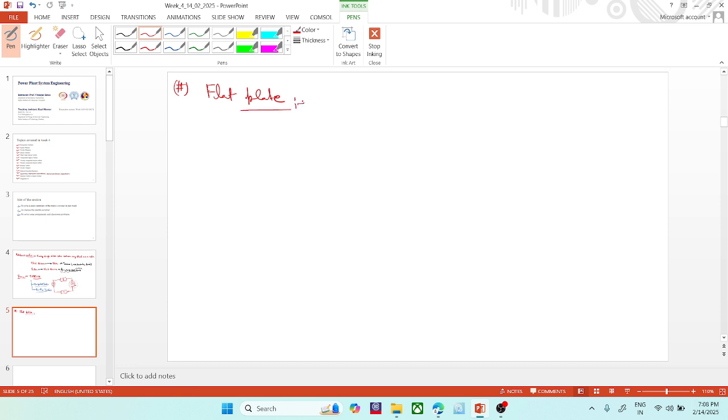From this flat plate, we will learn the definition of the impulse. Let's suppose we are having this plate, which is a stationary or fixed plate.